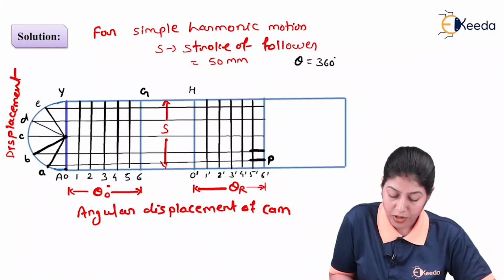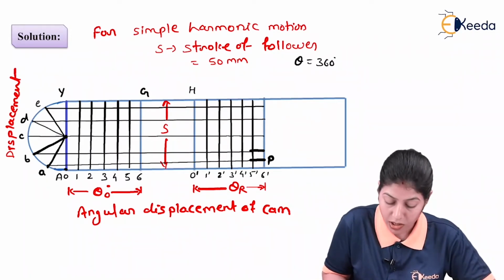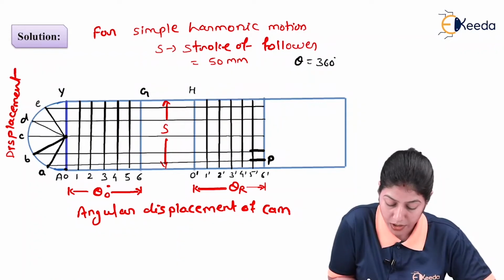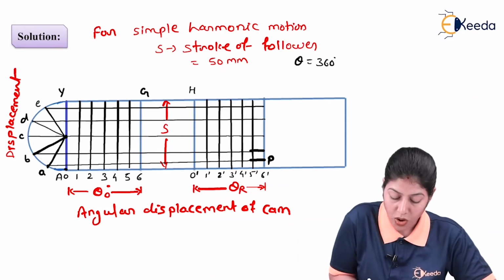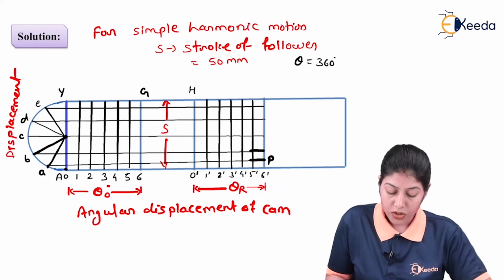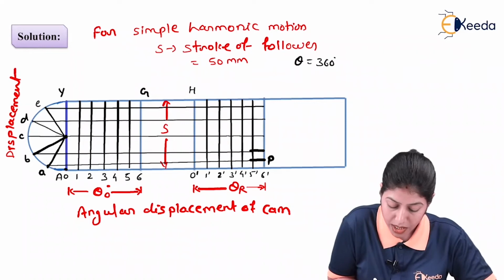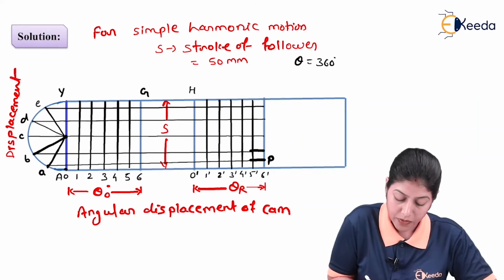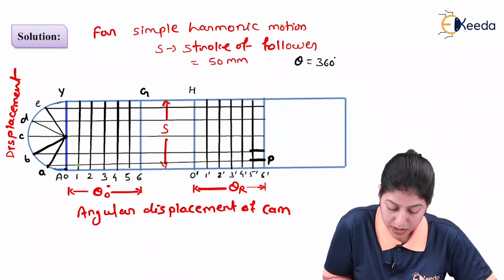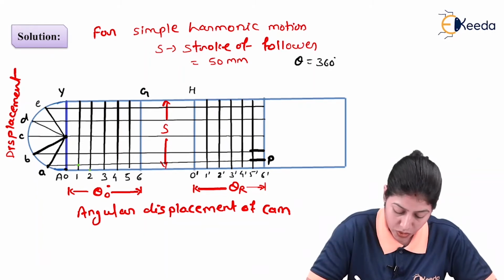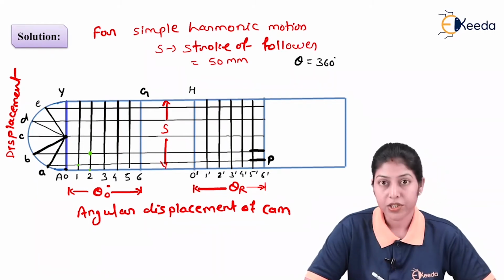Now this horizontal line is intersecting all the vertical lines which are passing through points 1, 2, 3, 4, 5, 6, 0 dash, 1 dash, 2 dash, 3 dash, 4 dash, 5 dash and 6 dash. So all the intersection points we will mark. The horizontal line passing through point A and the vertical line passing through point 1, we will mark that as the first intersection point. Similarly, the horizontal line passing through point B and the vertical line passing through point 2 will be our next intersection point.